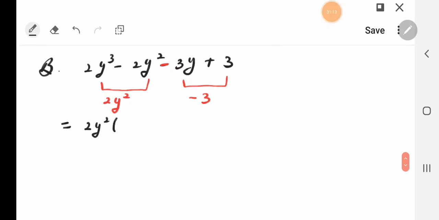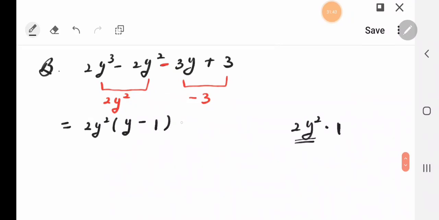So 2y squared went out, so 1y is left over, and for the second term, 2y squared went out. Went out means it's not 0. 1 is the leftover, because 2y squared is equal to 2y squared times 1.